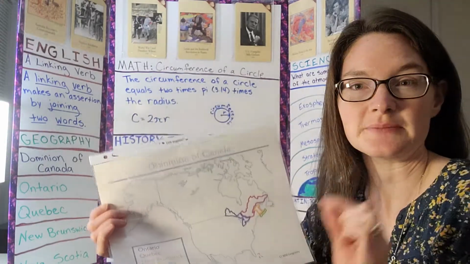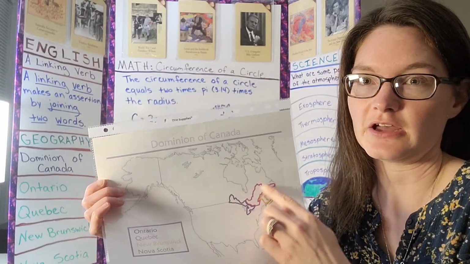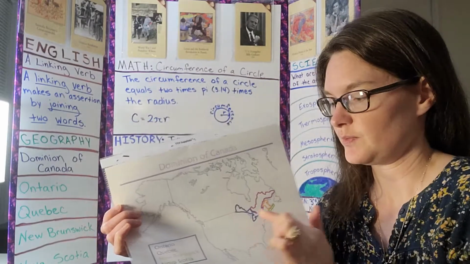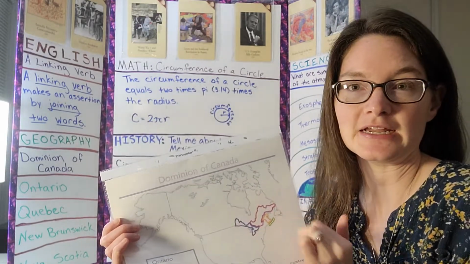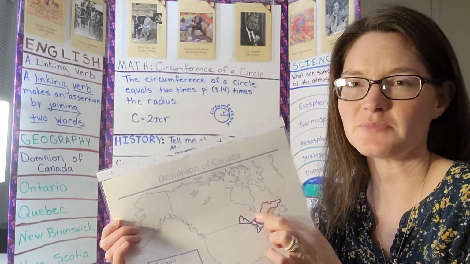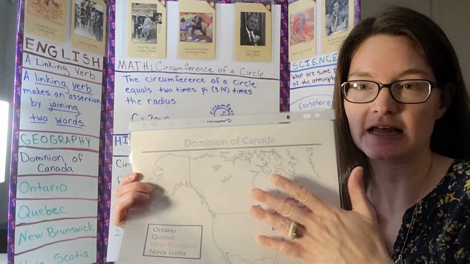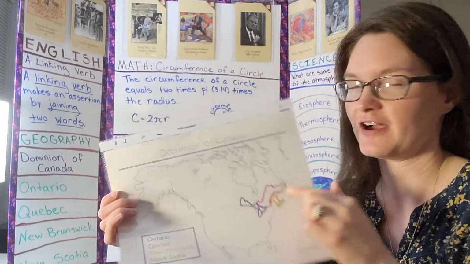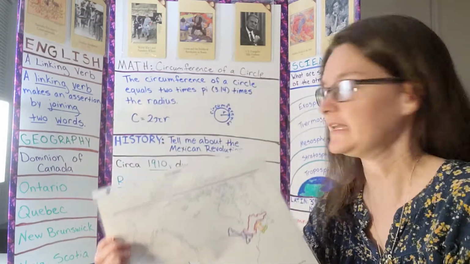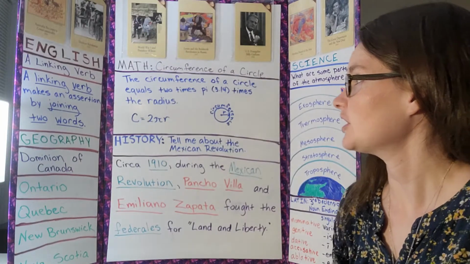So they're a little tricky, but I had them use dry erase markers, and we marked where Ontario and Quebec, New Brunswick, and Nova Scotia were. They marked them, and we pointed and said them. They repeated after me. They're pretty small, but this helps me see where they are, and they can see an enlarged version of where they're trying to color in. So we did that for geography.